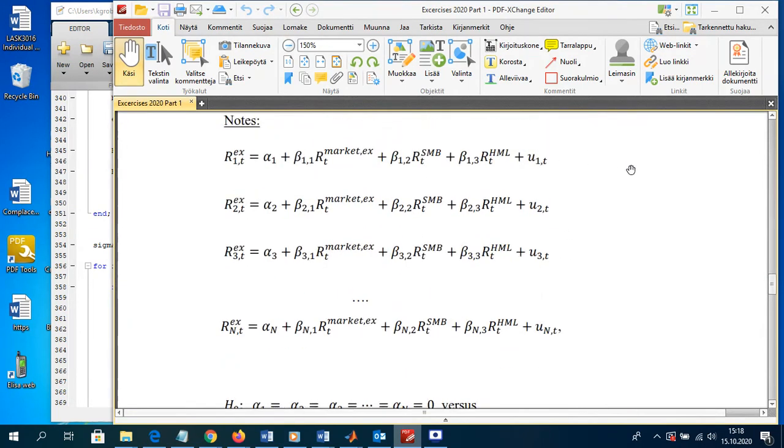And above and below the main diagonal are the covariances between these residuals. So the element 1,2 is the covariance between this guy and this guy. And the element 1,3, in the first row, the third column, is the covariance between the residual of the first equation and the residual of the third equation, and so on.